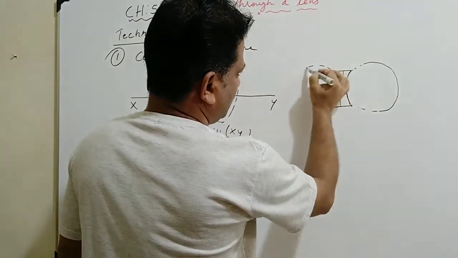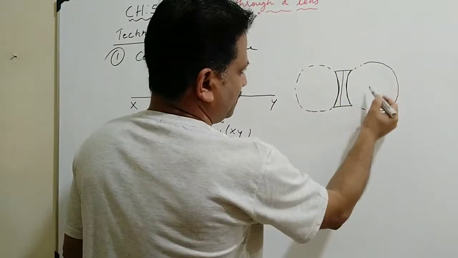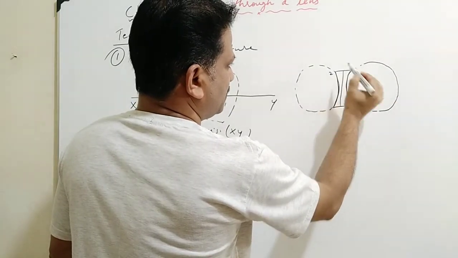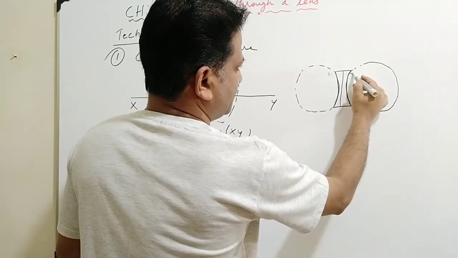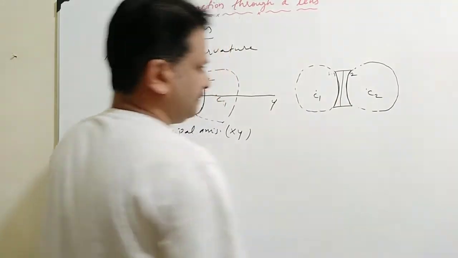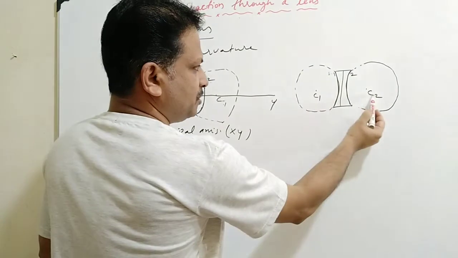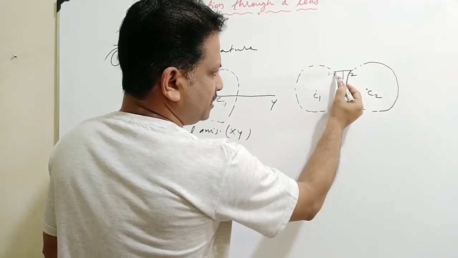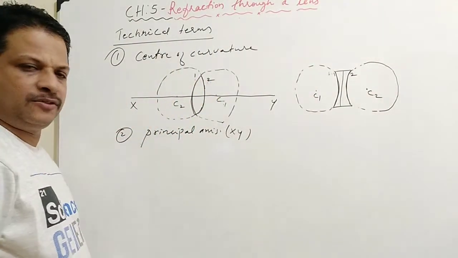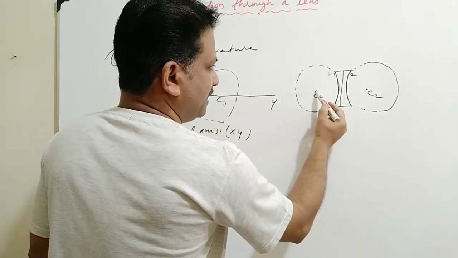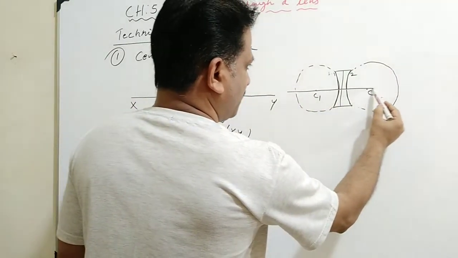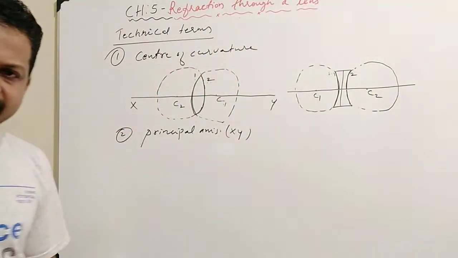Part of an imaginary sphere of which C2 is the center of curvature, this is curved surface 2 and this is curved surface 1 with C1. C1 and C2 are the centers of the spheres of which the curved parts of a lens are made. So C1 and C2 are the centers of curvature of a concave lens. An imaginary line passing through the centers of curvature, we call the principal axis.